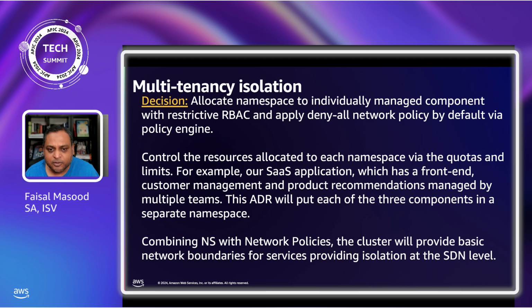And then we give some justification: by combining namespaces with network policies, we'll have basic network boundaries for isolation at the SDN level. So that's the decision we are taking. We are taking the decision and providing a little bit of operational guidance on how it will be implemented, but we are not talking about a lot of technology, because that can be more detailed.